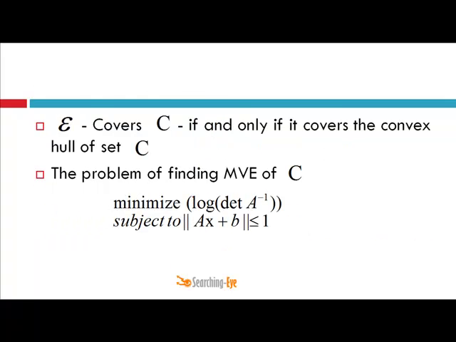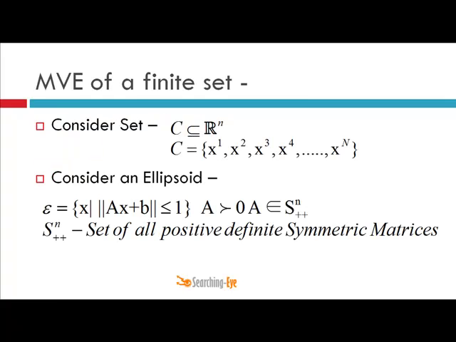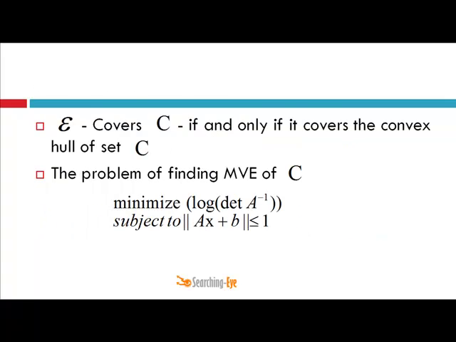Now this is another fact: E covers set C if and only if it covers the convex hull of set C. This is a very obvious fact. If your ellipsoid E contains set C, it means it will also contain the convex hull of your set C. The problem of finding the minimum volume ellipsoid now reduces to minimizing the log of the determinant of A inverse subject to the norm of Ax plus b being less than or equal to 1.